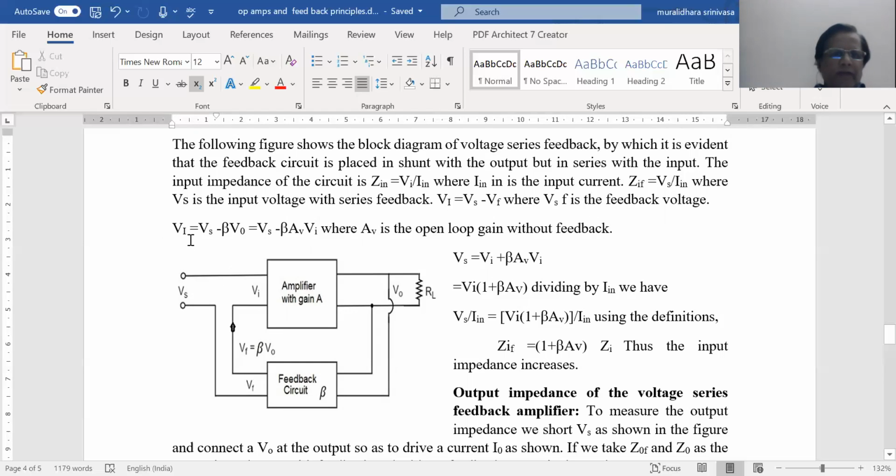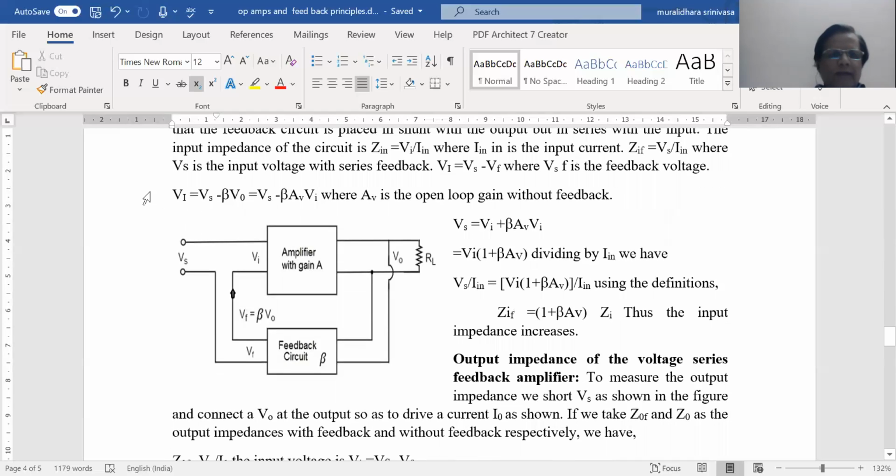Therefore V1 is equal to Vs minus beta V naught, which is Vs minus beta AV Vi, where AV is the open loop gain without feedback. So therefore Vs becomes Vi plus beta AV Vi, which is Vi into 1 plus beta AV.